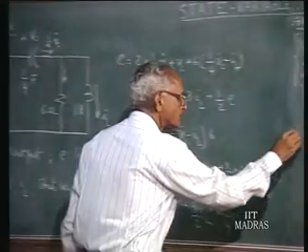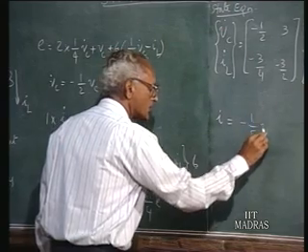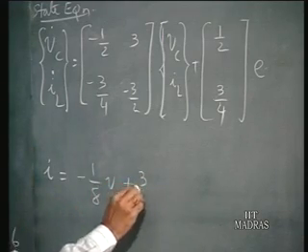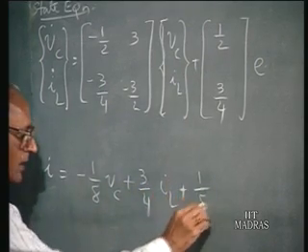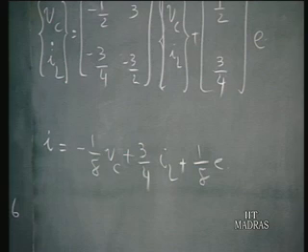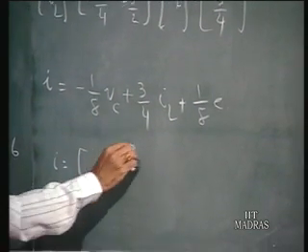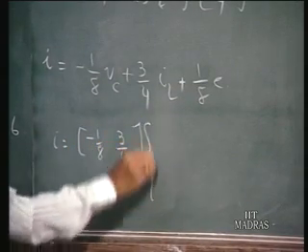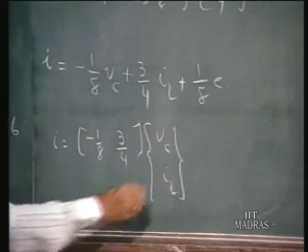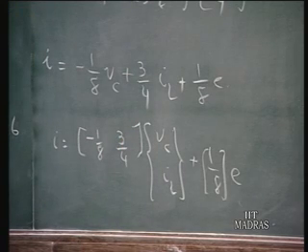Therefore, I equals 1/4 Vc dot, that means minus 1/8 Vc plus 3/4 times IL plus 1/8 E. To put this in the standard matrix form, I equals minus 1/8, 3/4 times Vc, IL, plus 1/8 E. So this is the output equation.